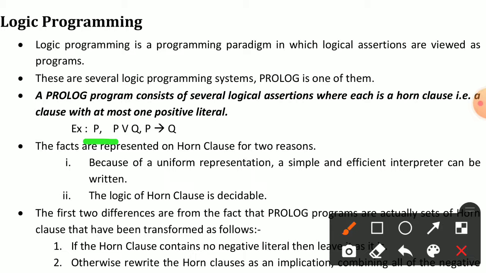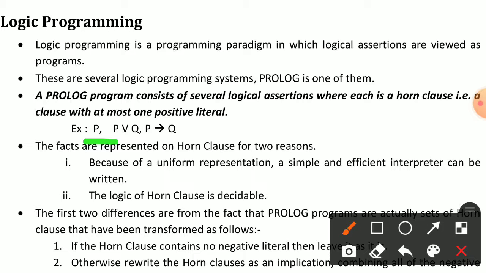Now the facts are represented as Horn clauses for two reasons. Here we can use the Horn clause, and two reasons are given. First, because of a uniform representation, a simple and efficient interpreter can be written.